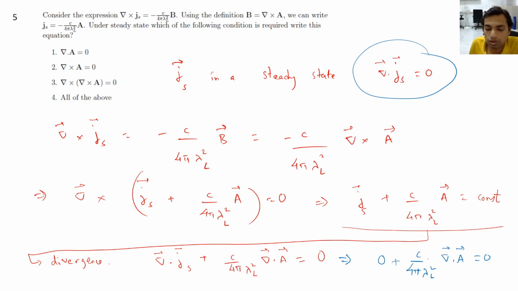The divergence of A has to be 0 because C and 4 pi lambda L square are non-zero quantities.